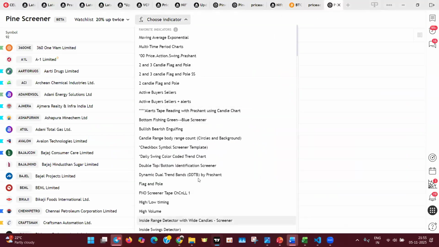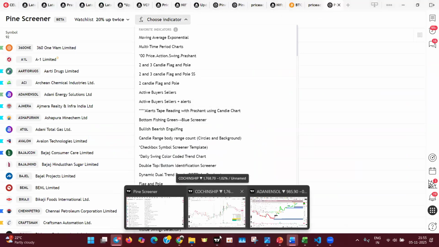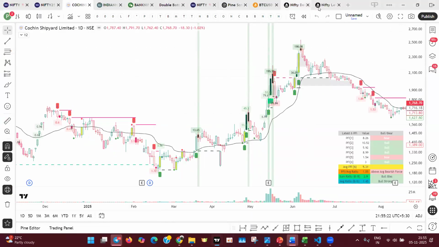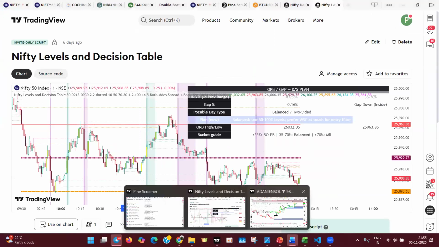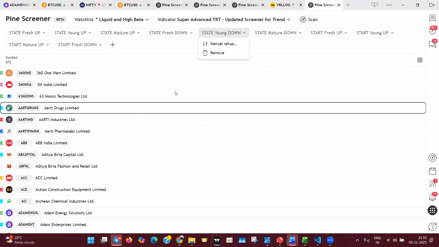So I was working to create a screener so that it will be easier to get the list. Yeah, here. So I'm trying to get a screener where we can identify fresh up, fresh down, young down, or mature up, mature down. And these 872 stocks can be quickly distributed into one watch list.